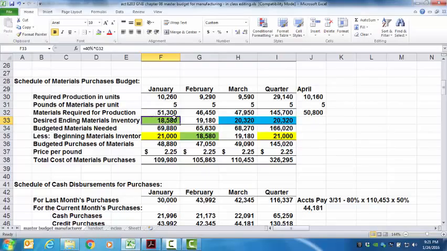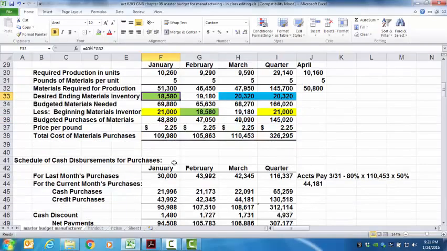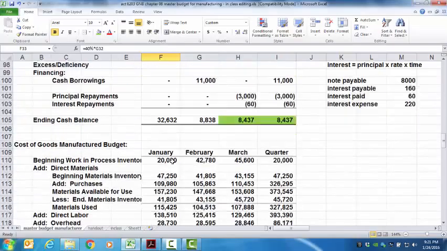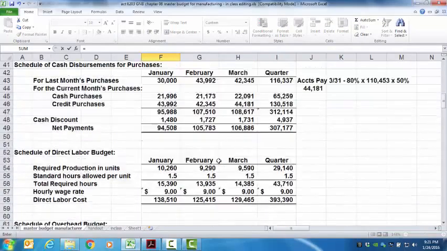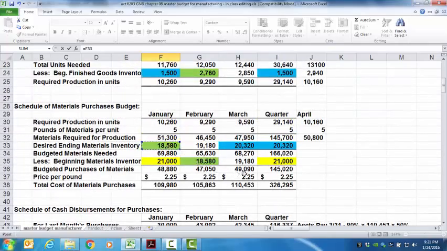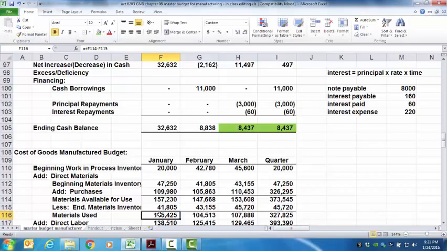So we're going to take this 18,580 and we're going to multiply it by this $2.25, and that will give us what we need down here for the ending materials inventory. So give me just a moment to go back and reference those. I want the 18,580, and they each are at 2.25, and that will yield me the 41,000 that's on your sheet. So we will subtract that from the materials available to know how much we've used.